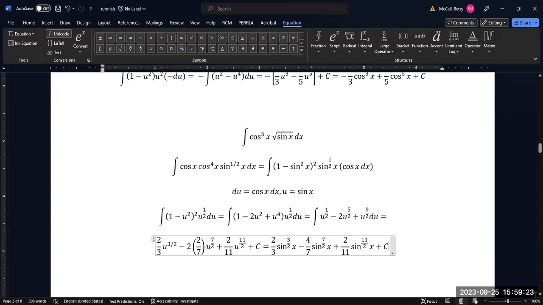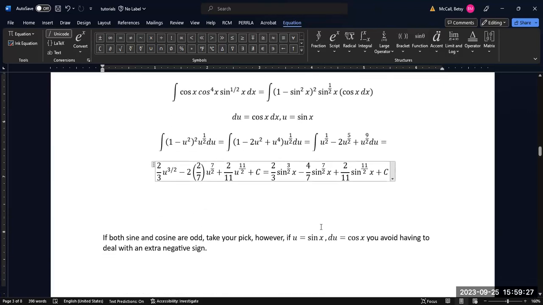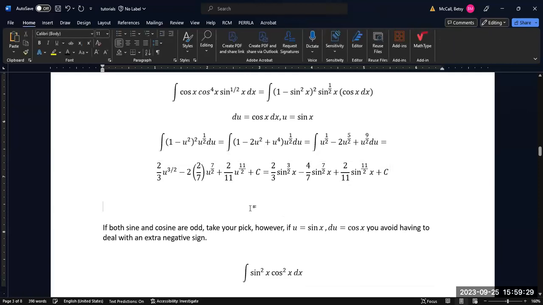Now, as I mentioned, in the case of both functions being odd, then you have a choice. You can pick whichever one you want. The functions will be algebraically equivalent. You can actually graph them, and you can see that they can only differ by a constant.